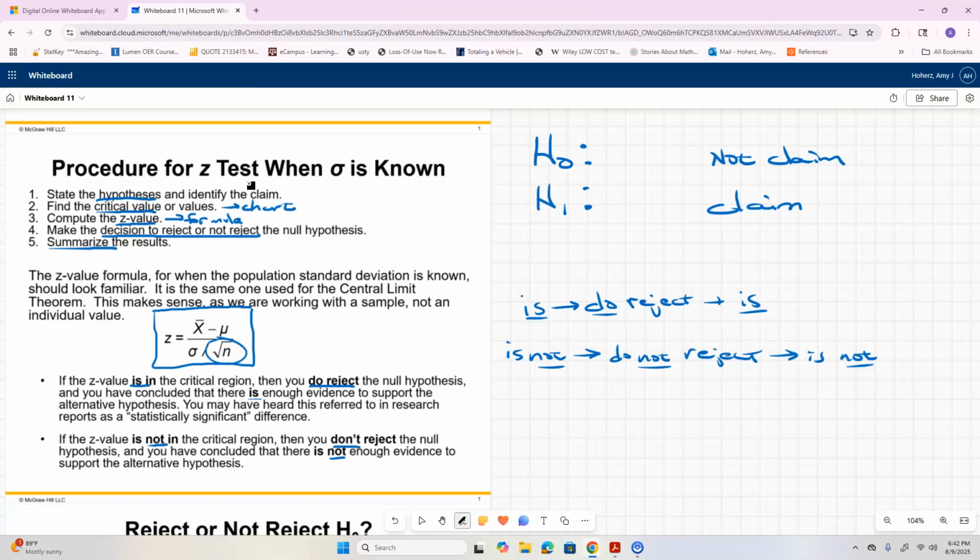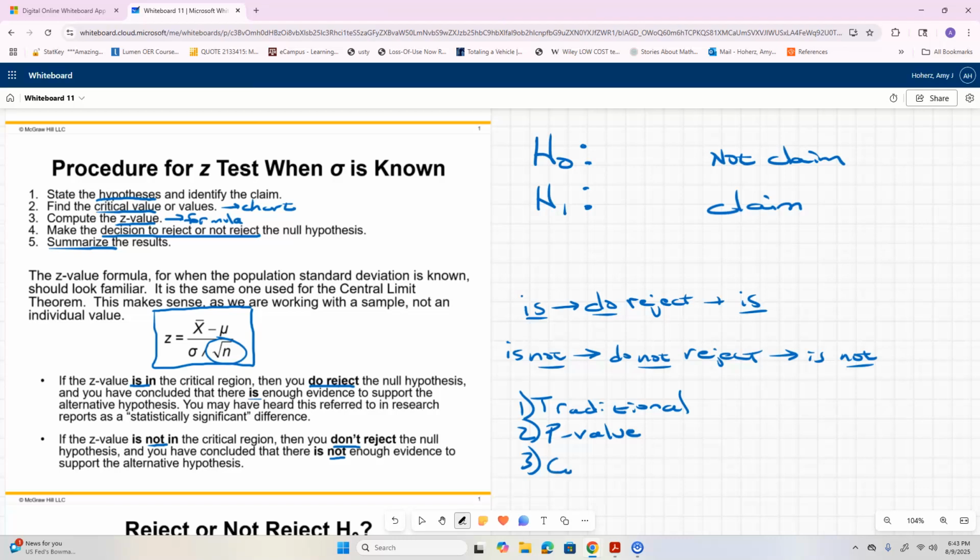Also, remember, there's actually 3 types of ways to do a hypothesis test. There's the traditional method that we're doing, right here. And there is the p-value method, which is pretty common.